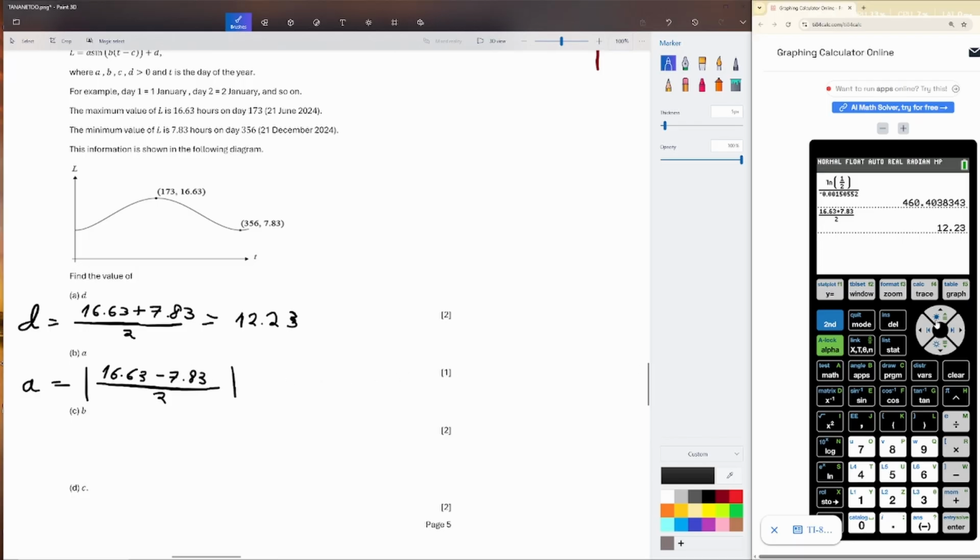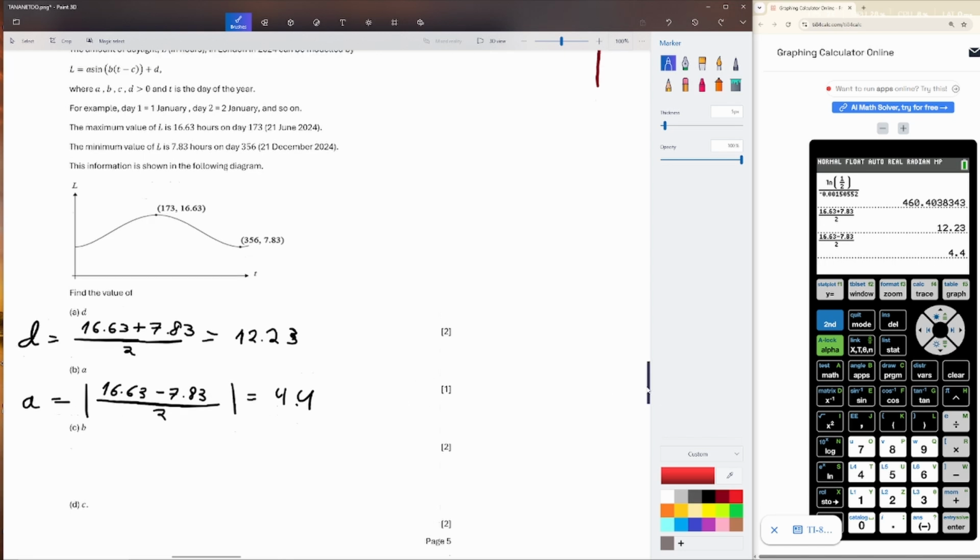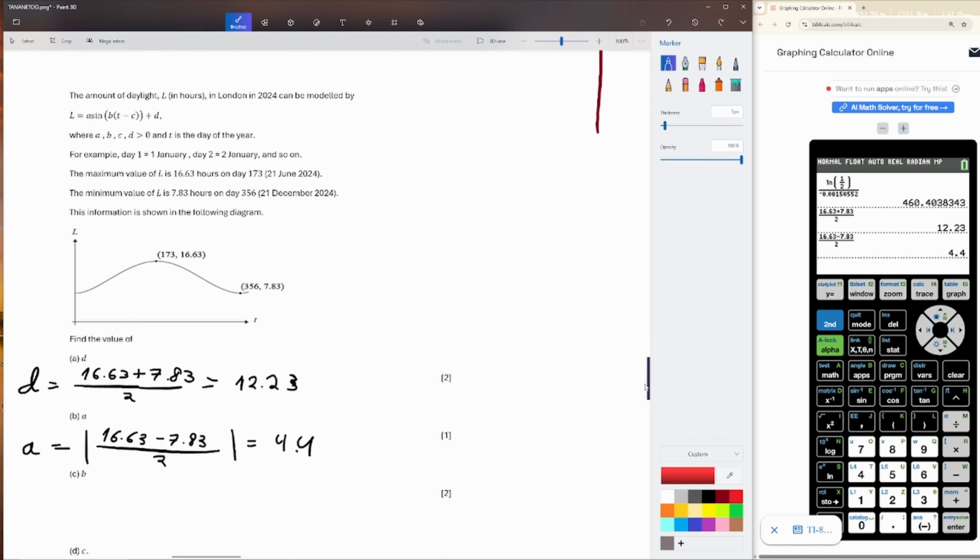You can just take this, copy paste, enter it as minus, and you will get 4.4. This is your answer. Something very important to mark out: if your answer comes out as negative, then you never write it down, because the A can never be negative. So now it will get definitely more tricky.